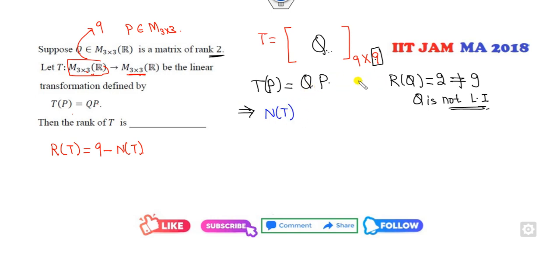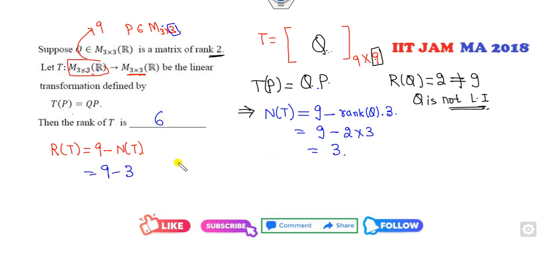If it is not one-one, the nullity will be the dimension, which is 9, minus rank of Q into the number of columns of P, which is 3. So I can substitute here: rank is 2 into 3, so 6. 9 minus 3, 6 is the right answer.